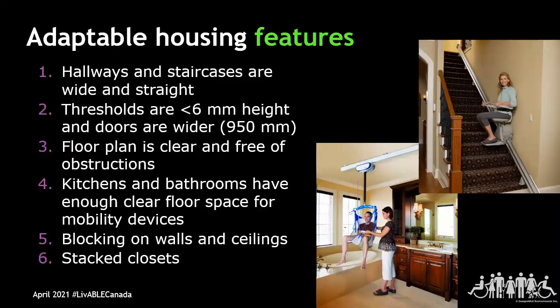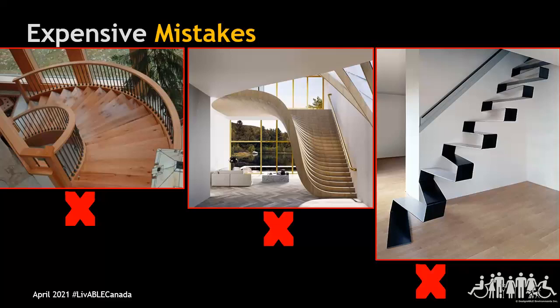So much less expensive. And of course, by providing stacked closets for all of the storage you need throughout your life, those can be easily transitioned into an elevator shaft later on. So really good planning.